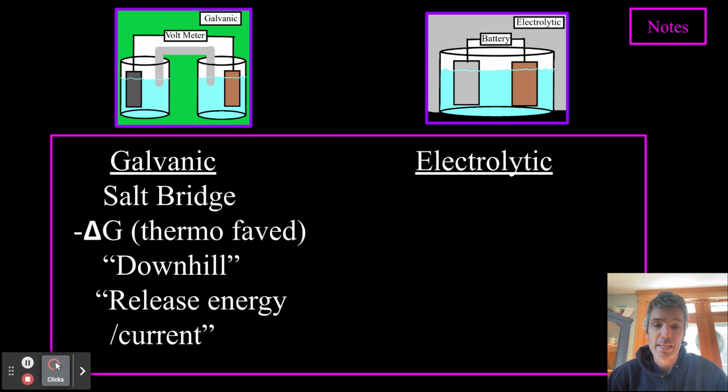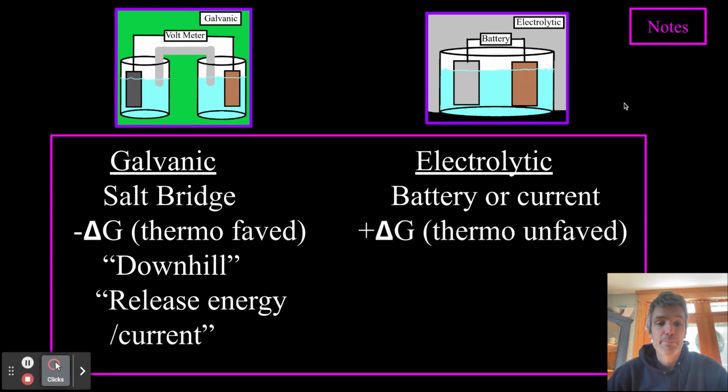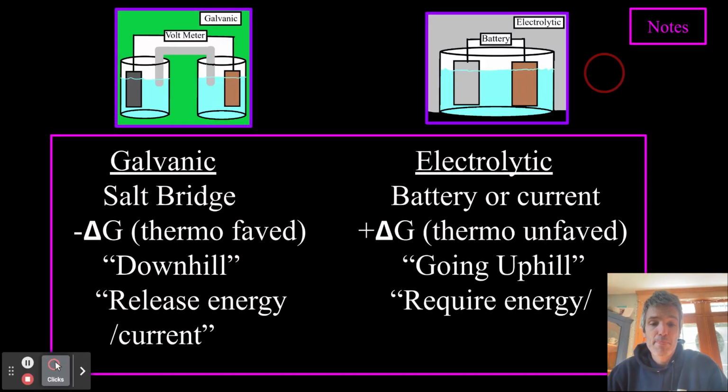And electrolytic cells require a battery. You need a battery. There it is. And by current, I mean you could plug it into a power source. They have a positive delta G, and by that they require energy, so they're, quote unquote, uphill. And that's how they're different.